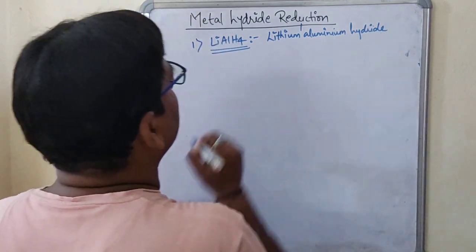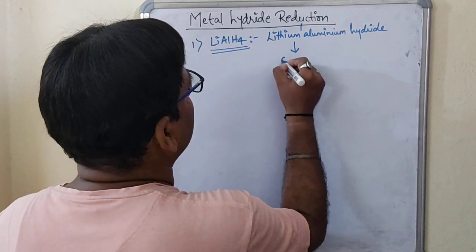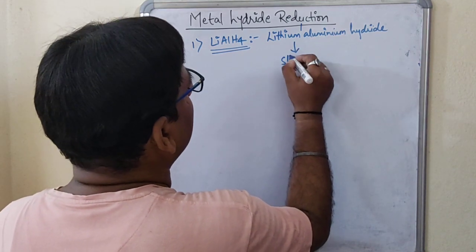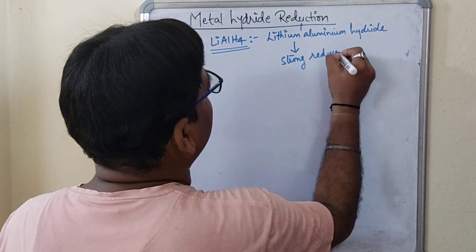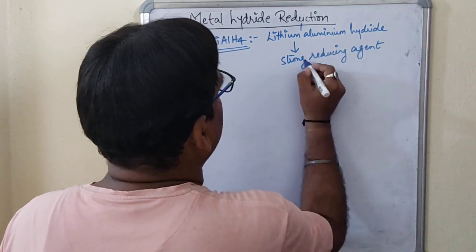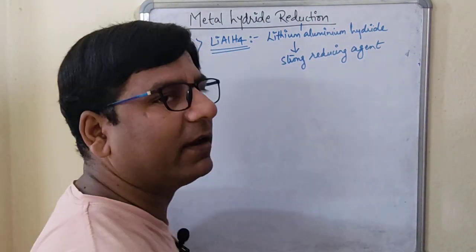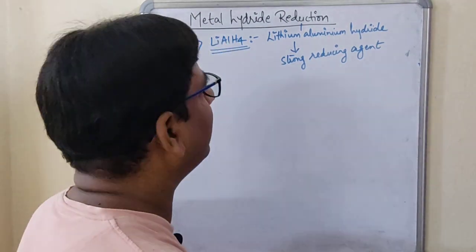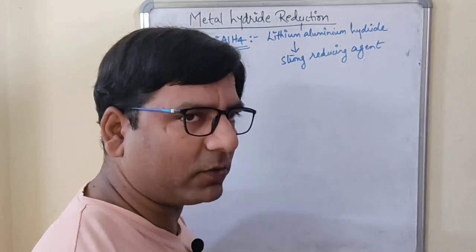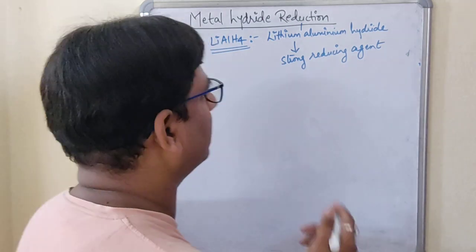Okay. Now this lithium aluminum hydride, this is a strong reducing agent. If I am saying strong reducing agent, it means it can reduce a number of compounds. Okay, let us see what are the different types of compounds that this LiAlH4 can reduce.